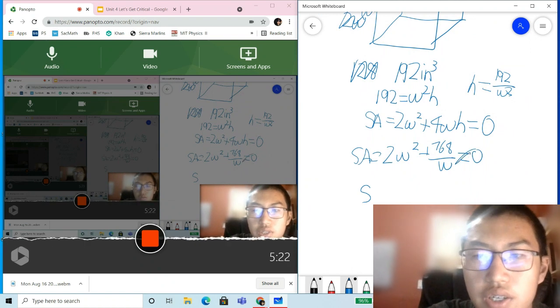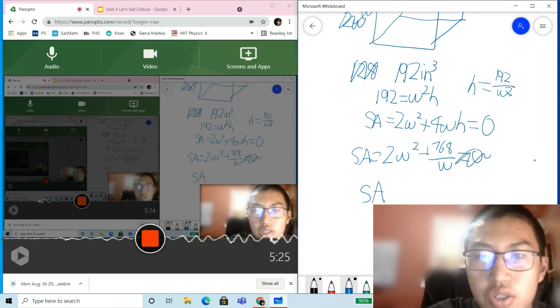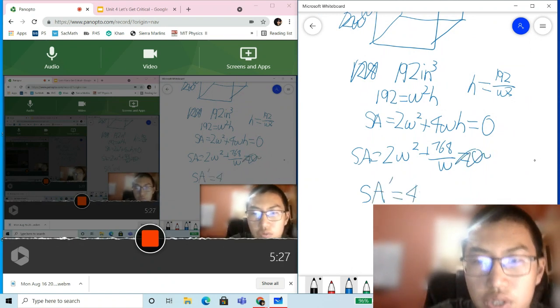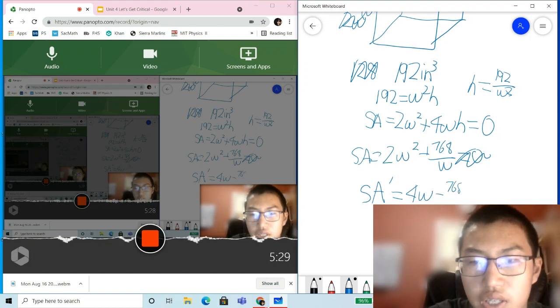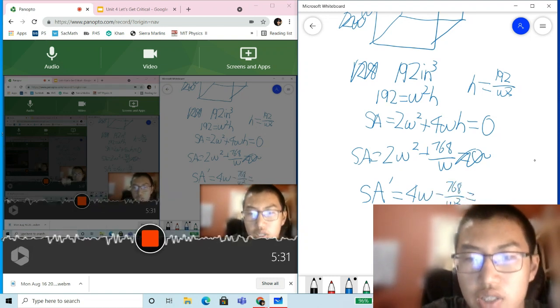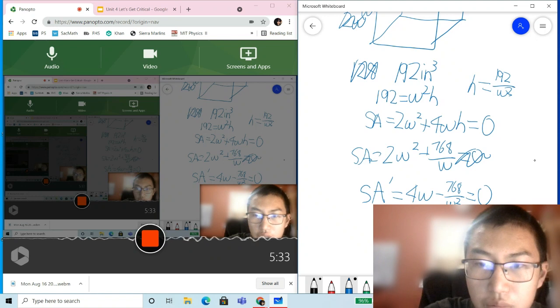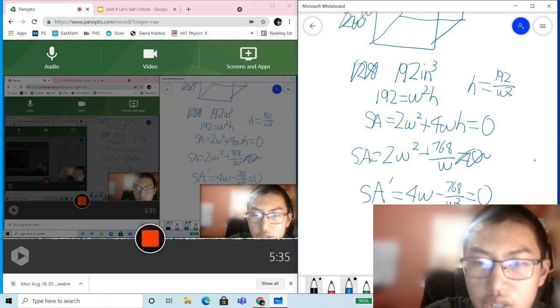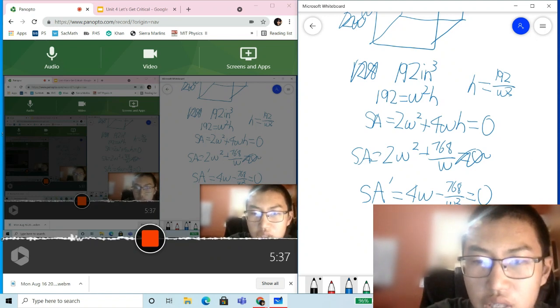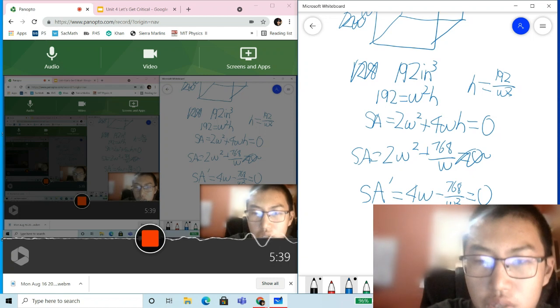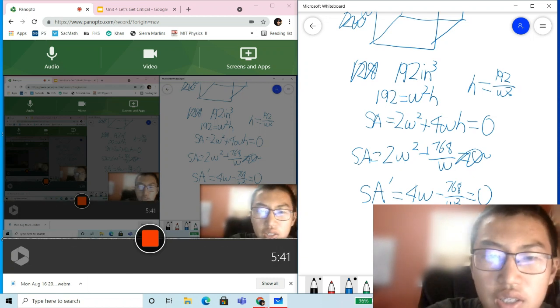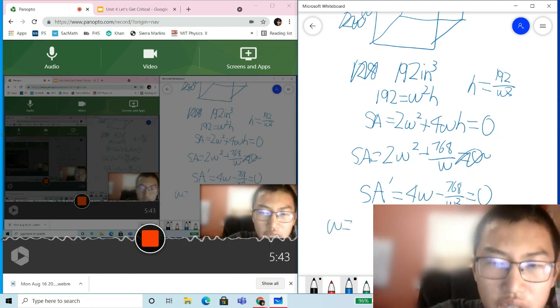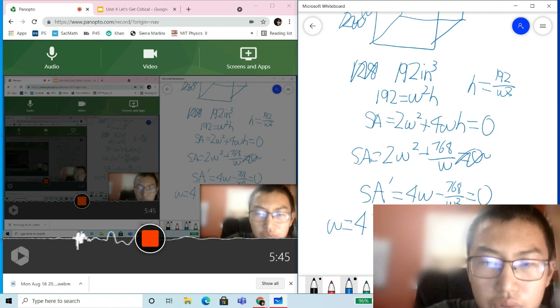Now we need to take the derivative of surface area, which is 4W minus 768 over W squared. Setting that to 0, we get 4W cubed equals 768, so W cubed is 192, and W is 4 times the cube root of 3.